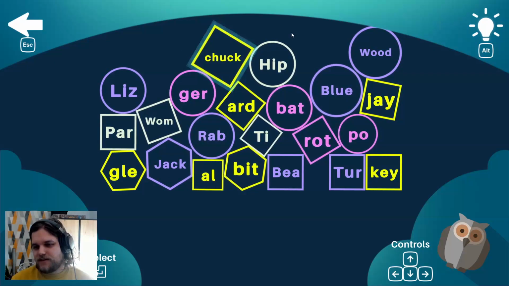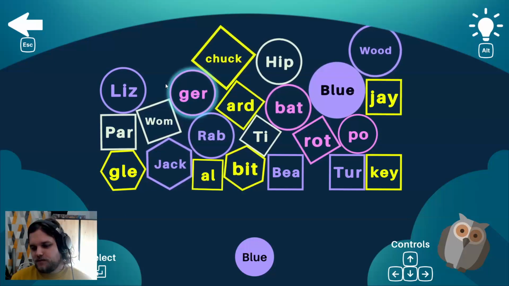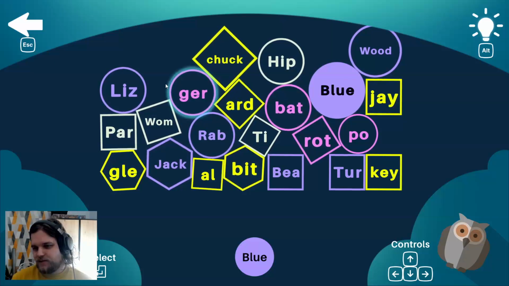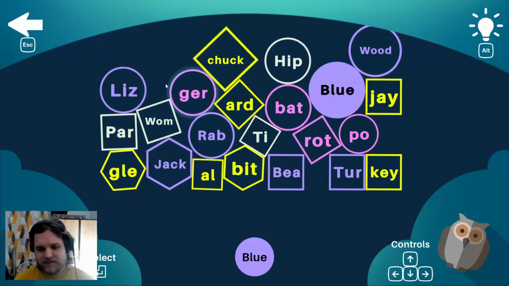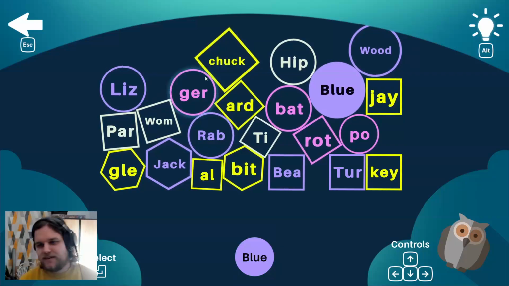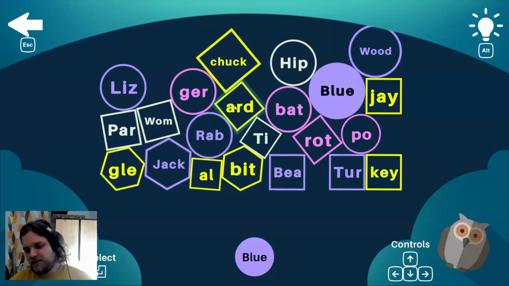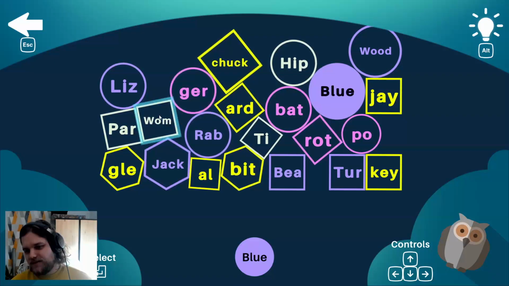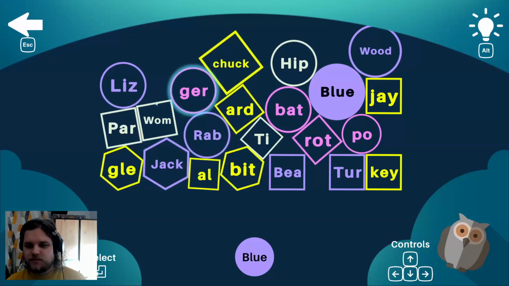So for example, I have blue. What can be connected to blue? Some syllable in a different color. I can see that it will be either the yellow ones or the pink ones, or maybe something starting with white.